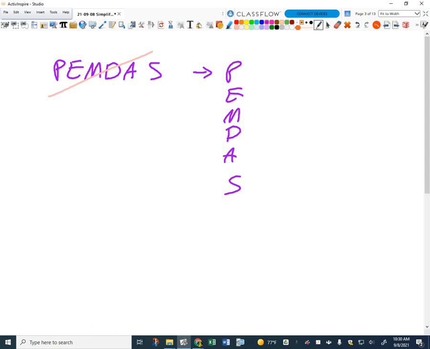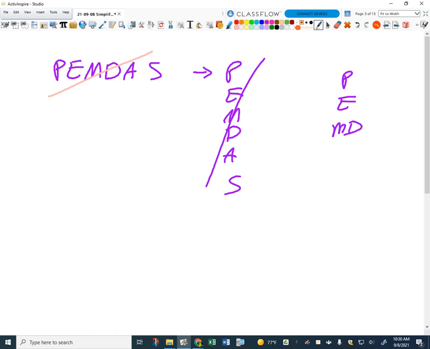This seems to imply that we go grouping symbols, exponents, then multiplication, then division, then addition, then subtraction. Not true, right? What we really want to do is parentheses, exponents, then multiplication and division. The M and the D have to be on the same level because they're equivalent, right? Neither one comes before the other.